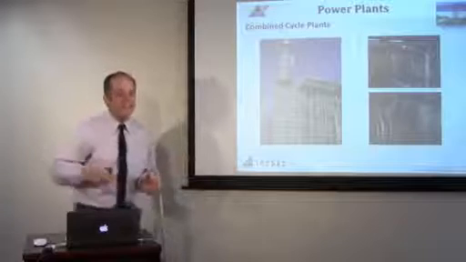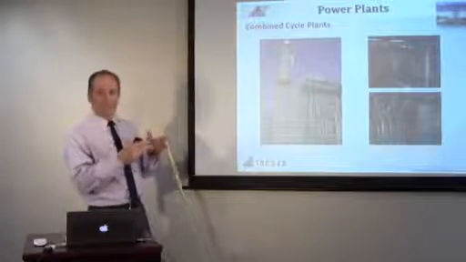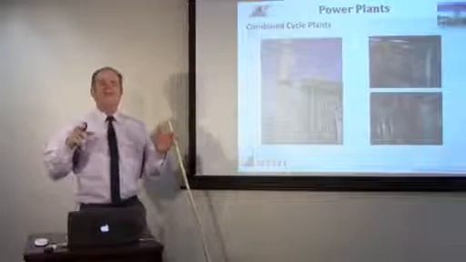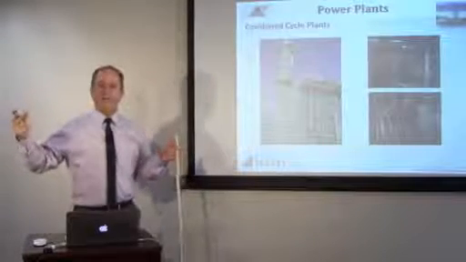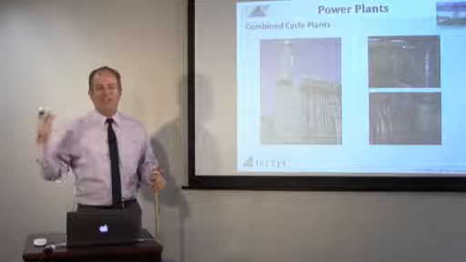That heated exhaust then goes through a heat exchanger, where there's another cycle of water that's being superheated or heated to whatever temperature it can get to be able to drive a steam turbine.